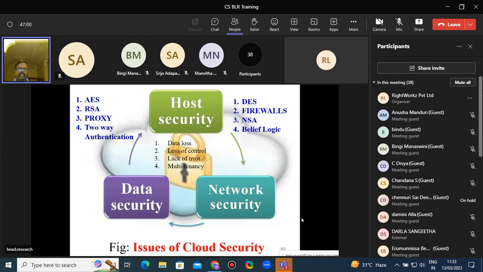You can call it host security, data security, network security. So DES, firewalls, RSA, data loss, loss of control, lack of trust, multi-tenancy, AES, DES, RSA, proxy, two-way application, etc.